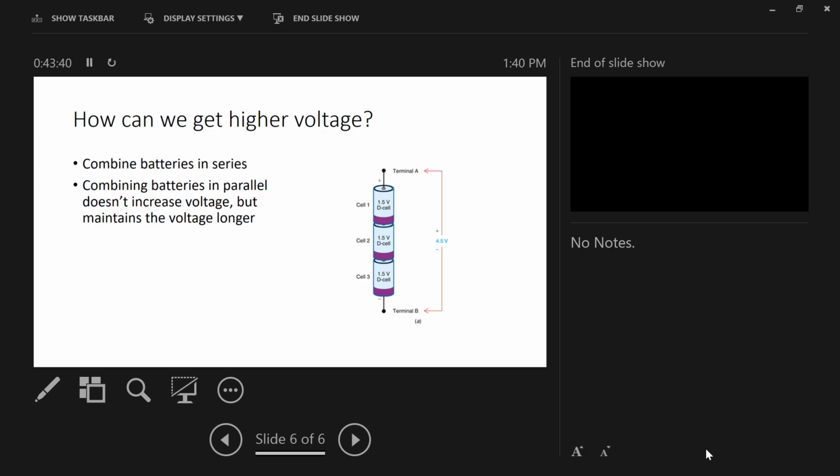It increases the capacity. And so, are you thinking this? Dr. Engel, does that mean if I have a remote control that has the batteries go in parallel, that I can power it with a single battery? And the answer is probably.